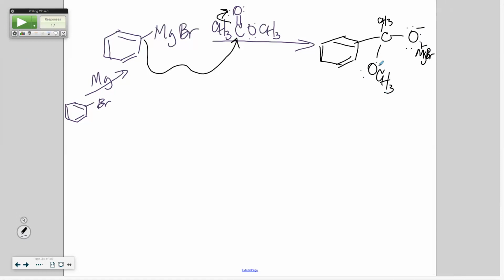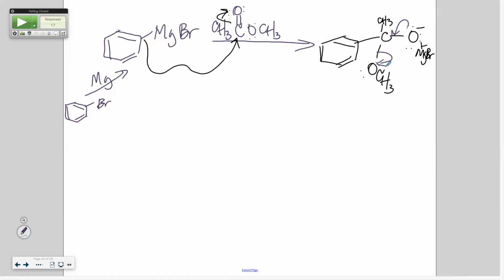Now this is different than what we had before because we have a leaving group attached to the carbon that had the carbonyl. So what will happen is our electrons on the O minus are coming back at you. They're going to do this. And guess what's going to happen? This bond is going to break, and that group is going to leave.